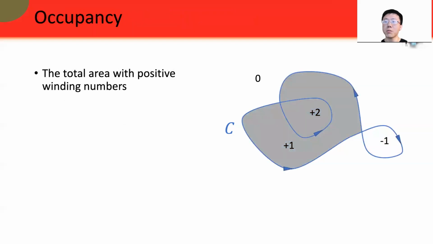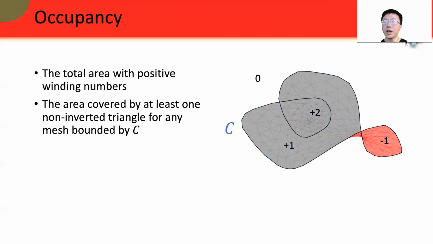Based on the winding number, we introduce a new quantity called occupancy, which roughly measures the area of the plane covered by non-inverted triangles of a mesh. This quantity is defined as the total area with positive winding numbers. We can show that for any mesh bounded by the curve, each point with a positive winding number has to be covered by at least one non-inverted triangle in the mesh.